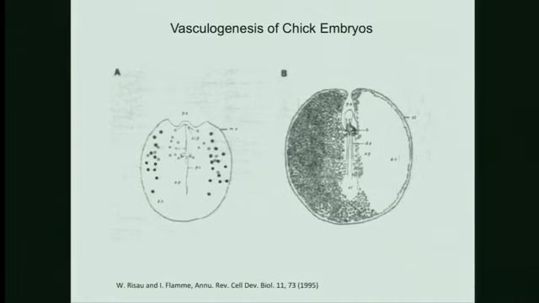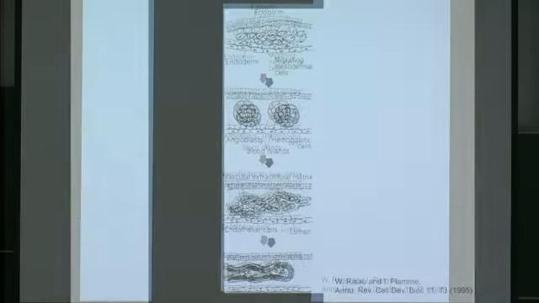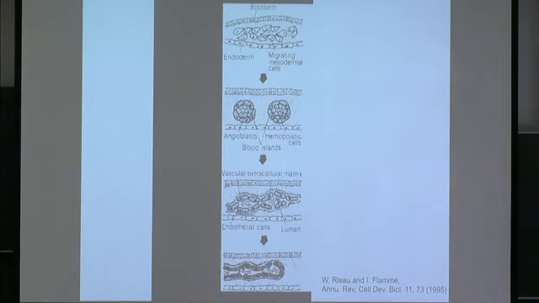From that review, you have a layer on your egg yolk, and then you form these blood islands, which consist of precursor blood cells and walls of the arteria, and then they fuse and finally build the vascular system.